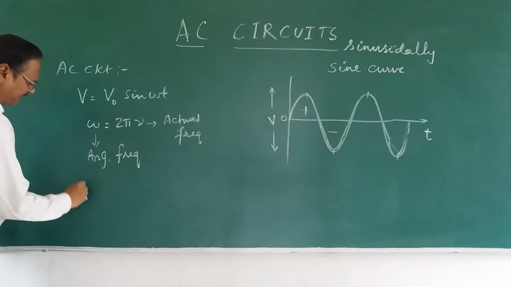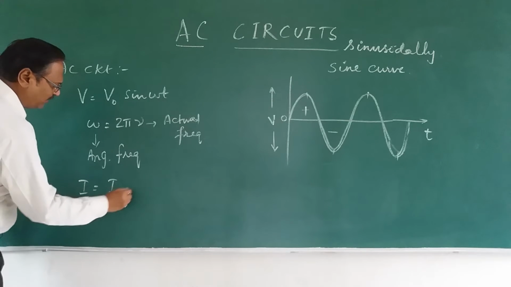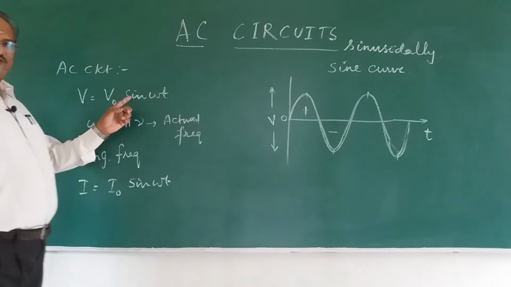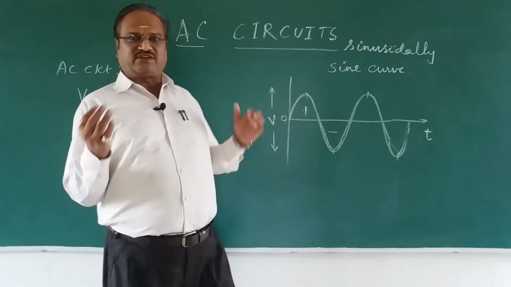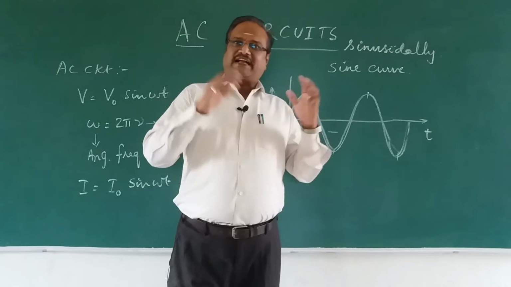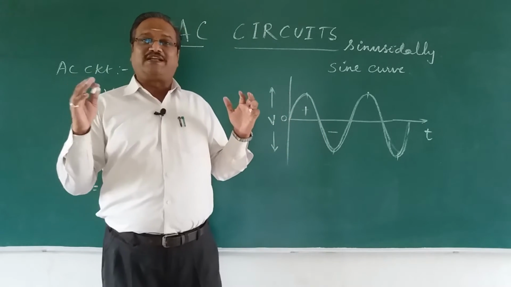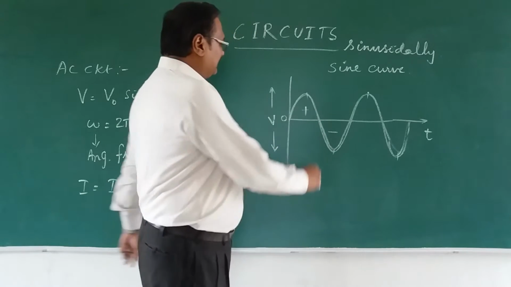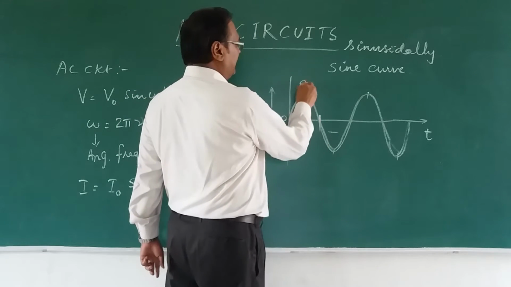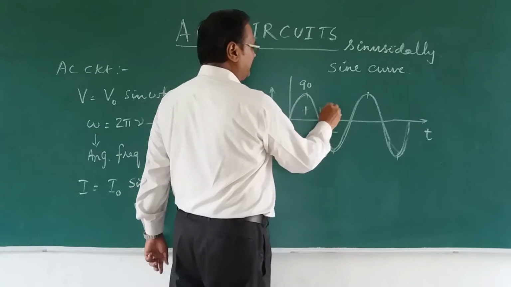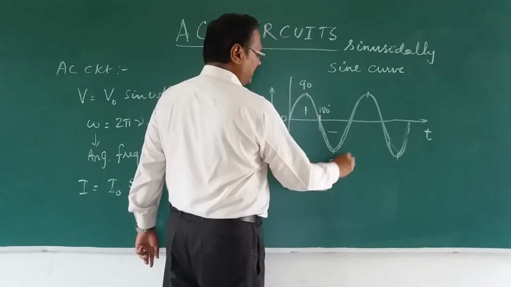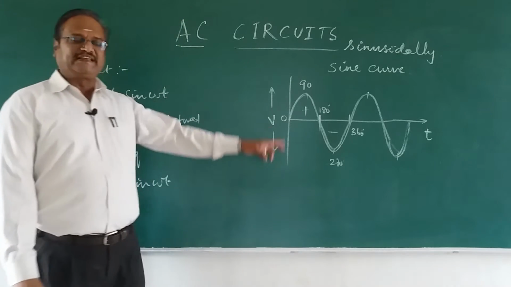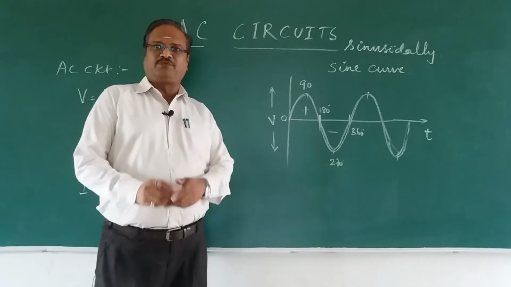And if I wanted to write current, I is equal to I0 sine omega t. Both the potential difference, voltage or EMF, and the current vary sinusoidally as a sine curve. It is going up till 90 degree, 180 degree, 270 degree, and this is 360 degree. This is the basic sine curve.